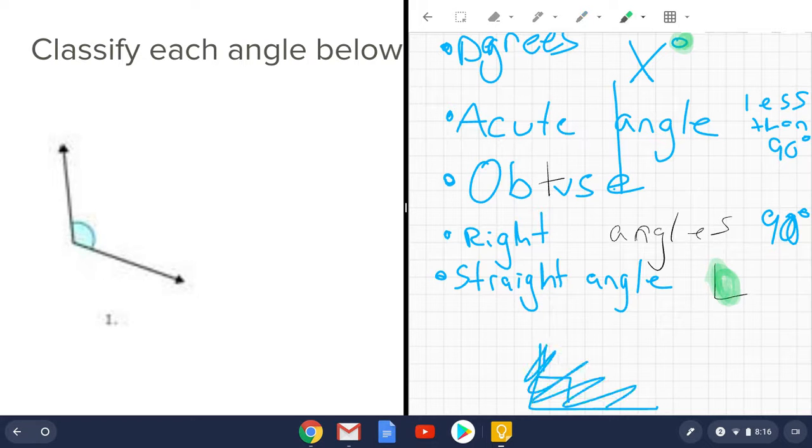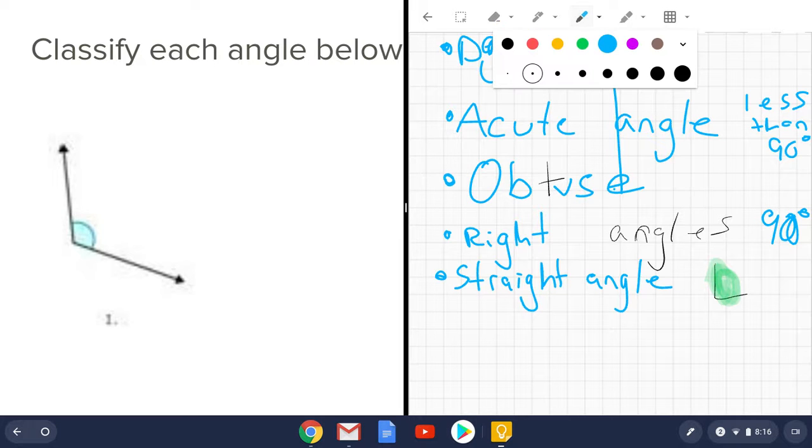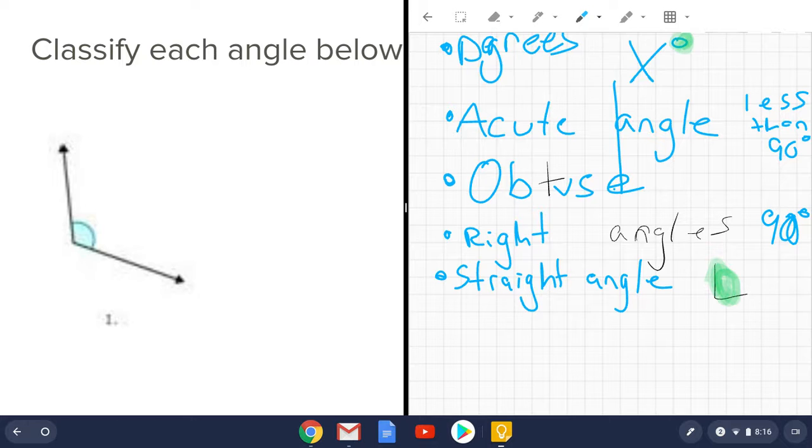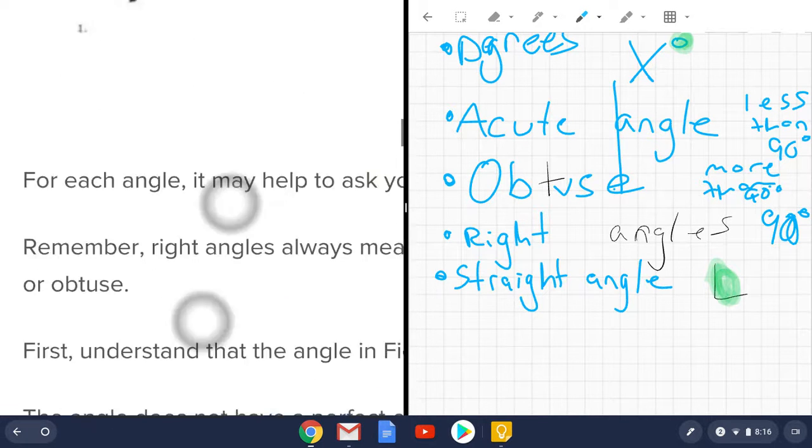It's basically a quarter of a circle. Is that bigger than a quarter of a circle? It sure is. So this is bigger than 90 degrees. What angle is bigger than 90 degrees? Look at your notes. It would be an obtuse angle. Nice job.